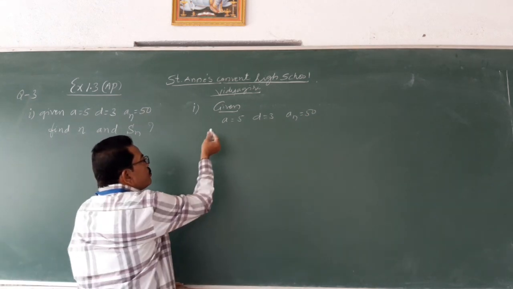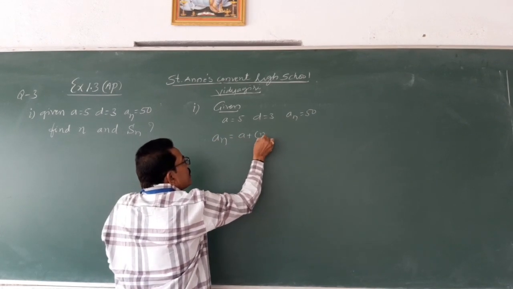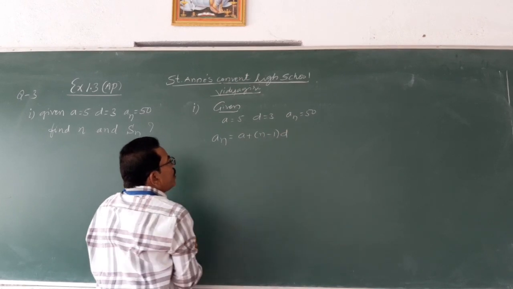We have to use the suitable formula, that is an equals a plus (n minus 1) into d.